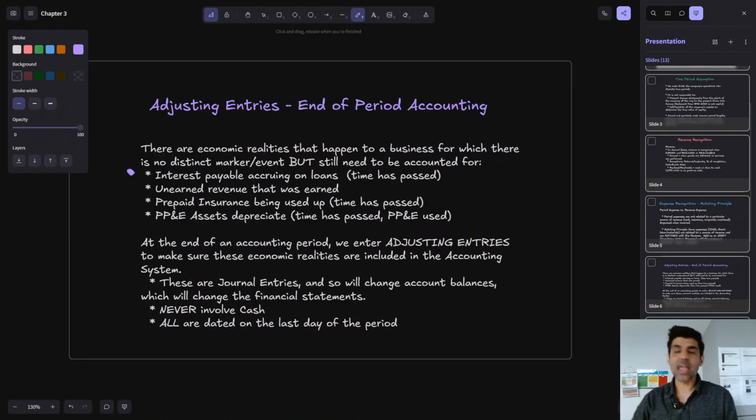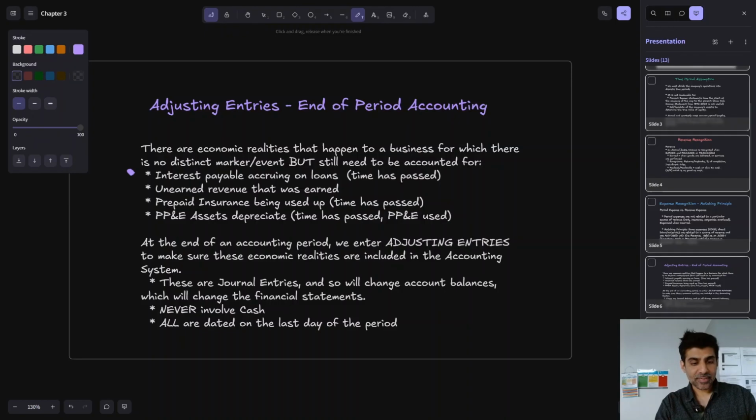They're all going to be dated on the last day of the period. If it's a month end, it's going to be on the last day of the month. If it's a year end, it's going to be on the last day, December 31st. The key thing to remember is that these all happen on the last day of the period.